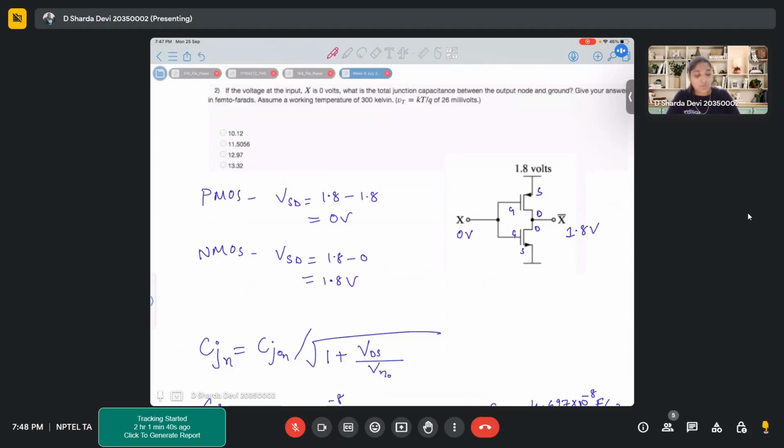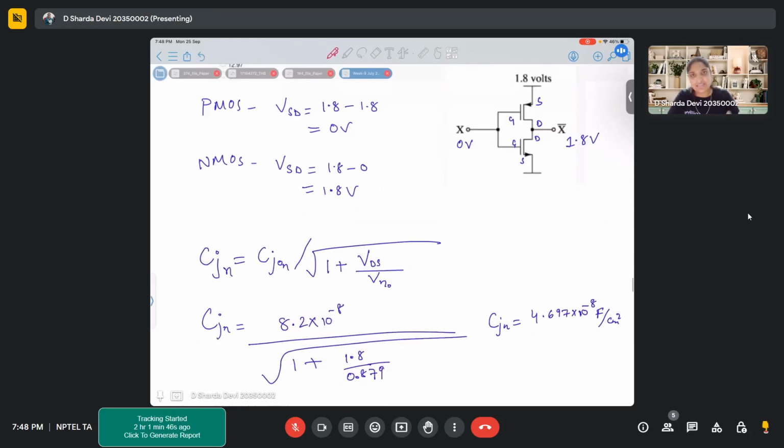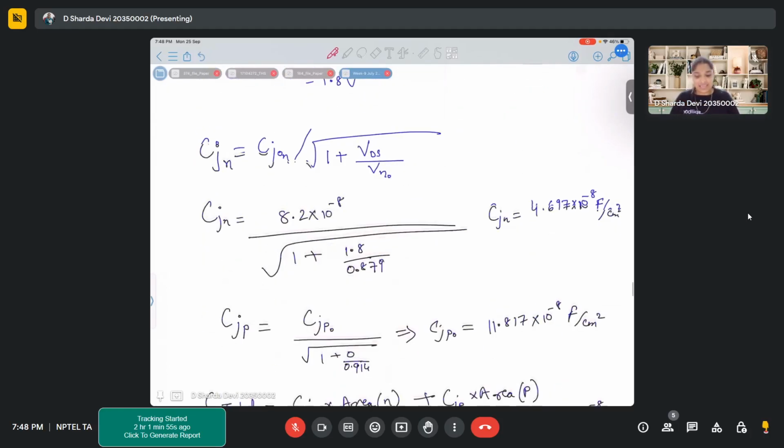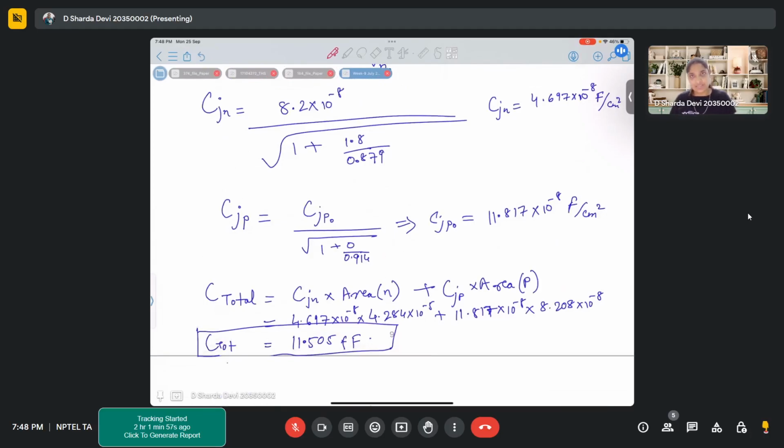Now when your output potential changes, it changes your VDS or VSD, because of which your capacitances change. So we changed the capacitances based on the applied potentials and calculated the junction capacitance again.